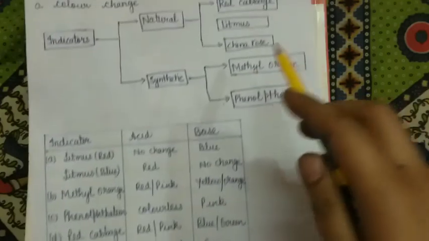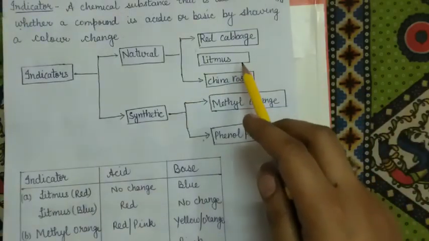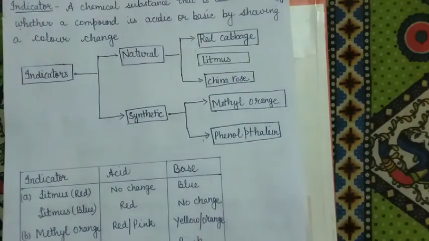First I want to discuss litmus. Litmus is the most commonly used acid base indicator, and it is a purple color dye obtained from lichens. Litmus solution is made by adding this dye to distilled water, and this purple solution turns red when added to an acid and blue when added to a base.